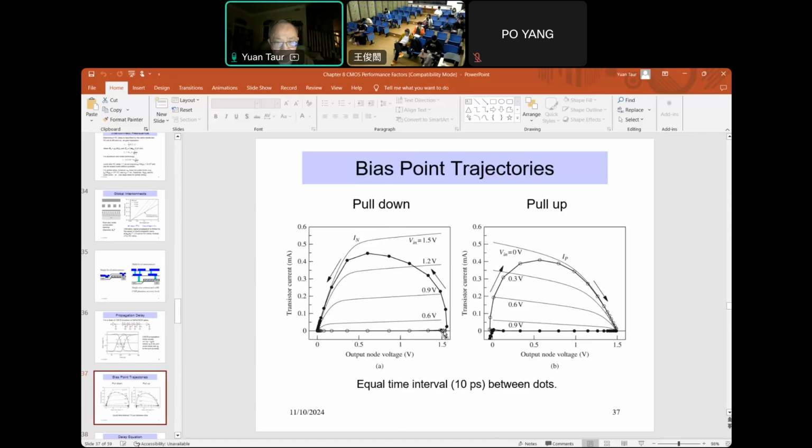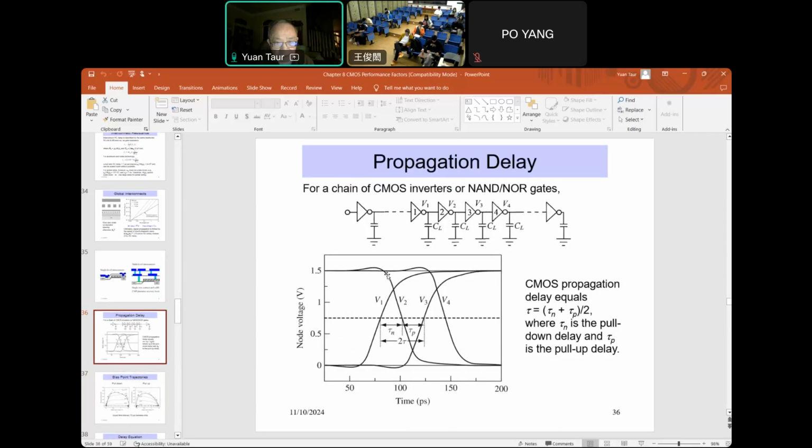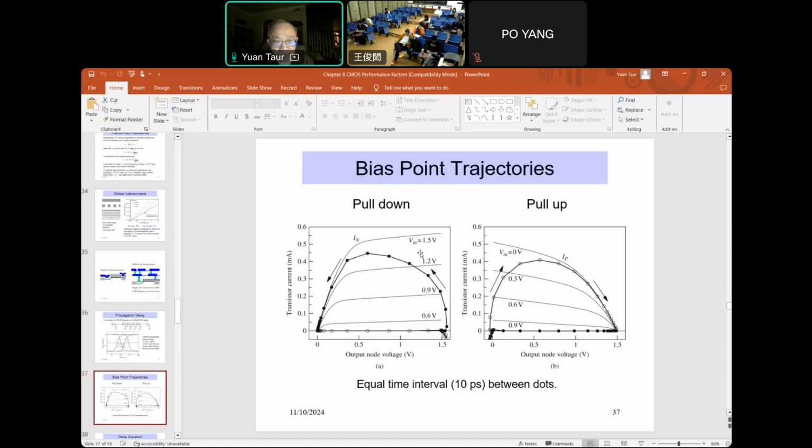So pull down from 1.5 to 0. That's this V2 waveform, because V1 is going up. Okay? So V1 in this case is the input voltage or the gate voltage, and the output voltage is VDS.